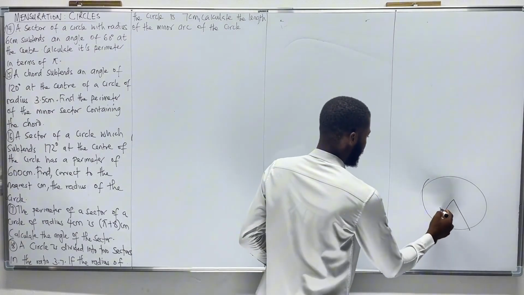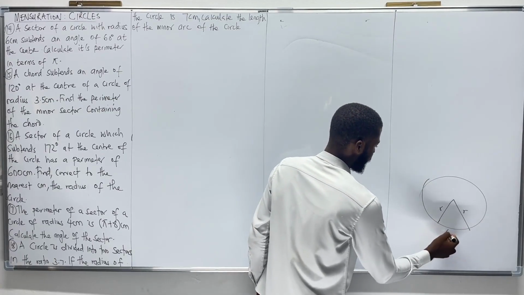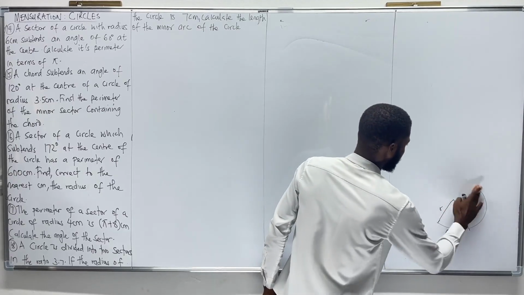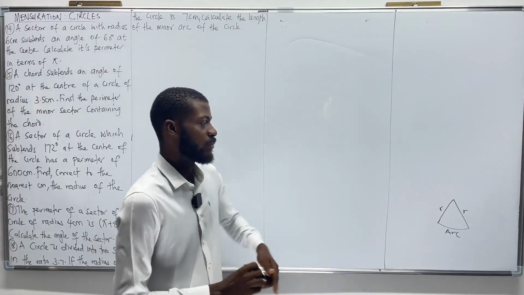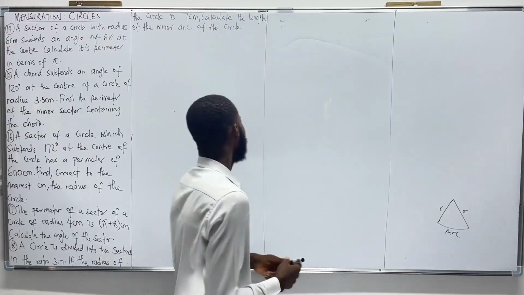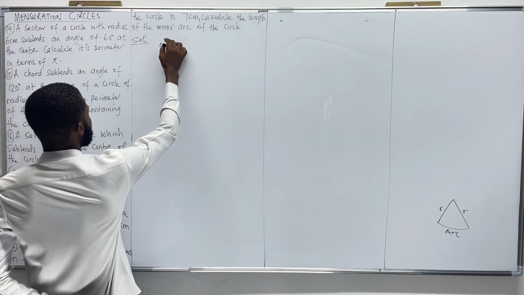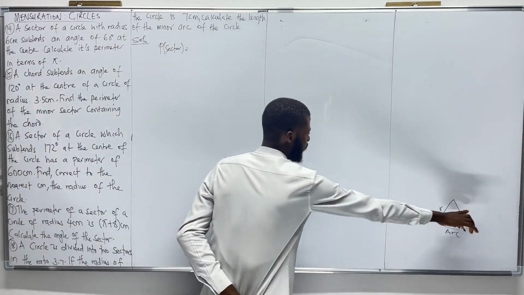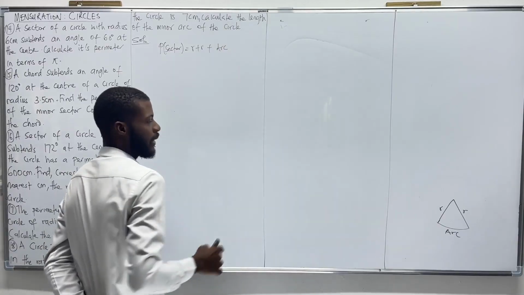Now, you know this is the radius. This is the radius. This portion is an arc. This portion is an arc. So let me wipe this side. Yep. So you can see this is what a sector is. And now from this illustration, you can see that the perimeter of a sector, so I'm going to put solution, perimeter of a sector is radius plus radius, plus the length of that arc.